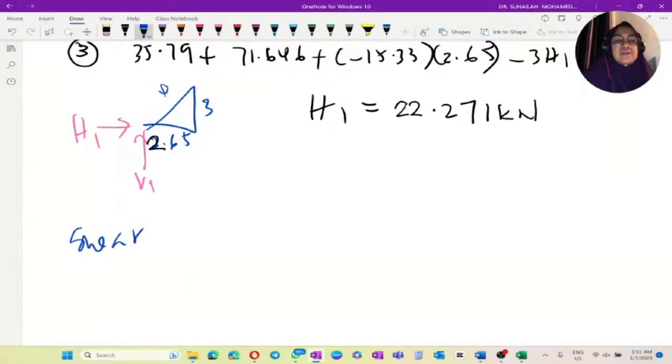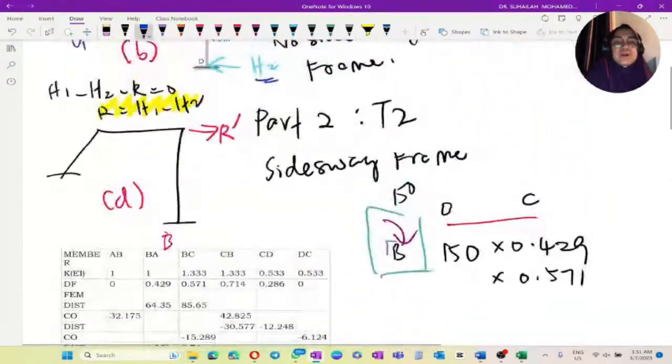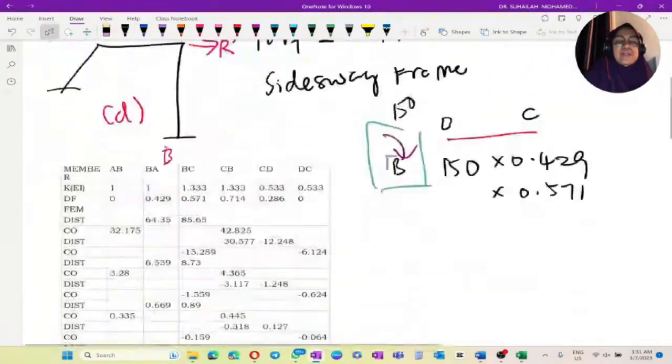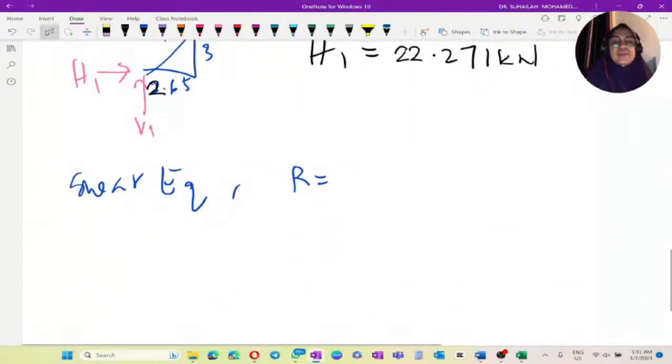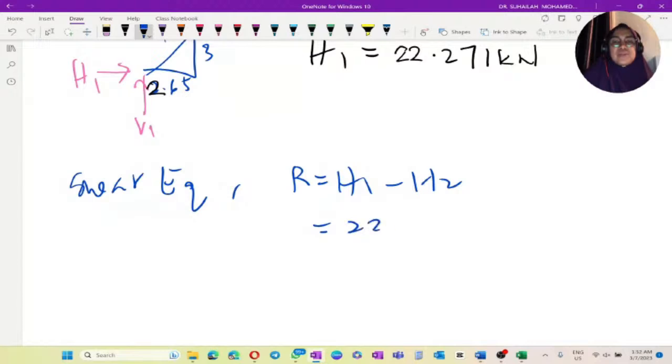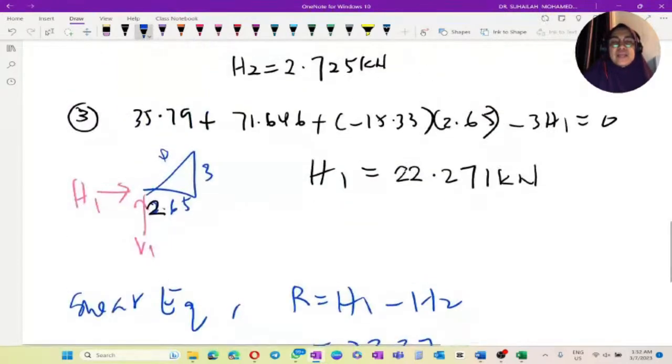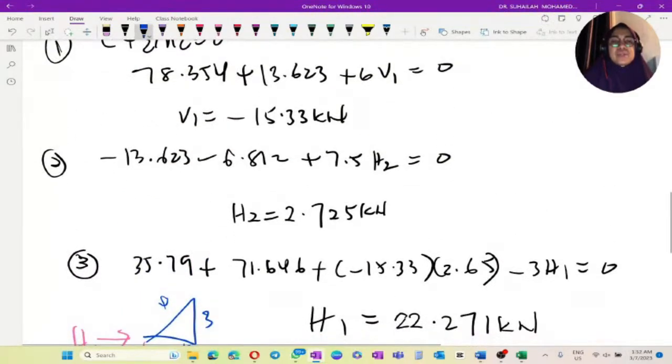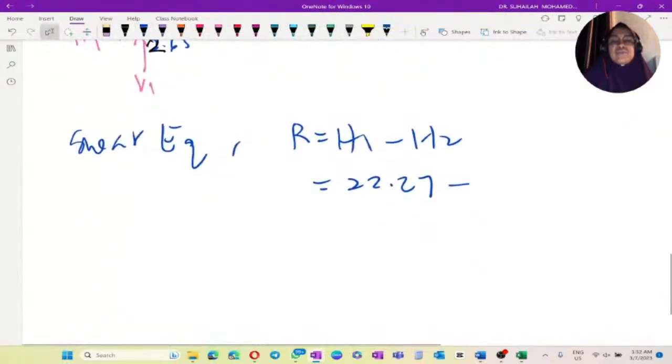Shear equation, R is equal to H1 minus H2. H1 is 22.27 minus H2, which is 2.725.